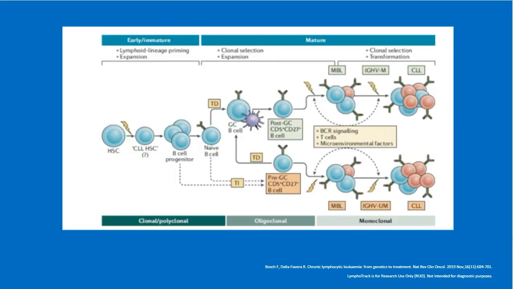So this is really a nice review in Nature Oncology. This hypothesis is still somewhat disputed at some level, but overall the idea is that CLL actually starts with hematopoietic stem cells, which go through, after acquiring genetic and epigenetic lesions, as indicated by some of the arrows here that are unknown at this time.